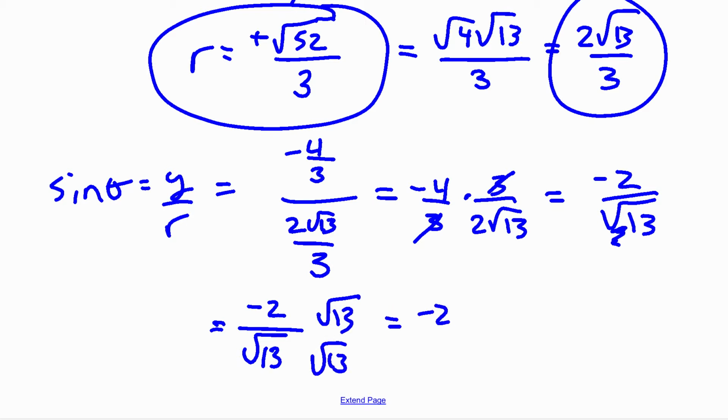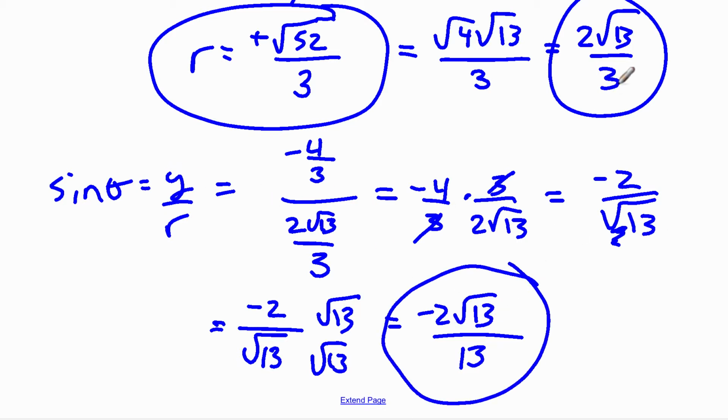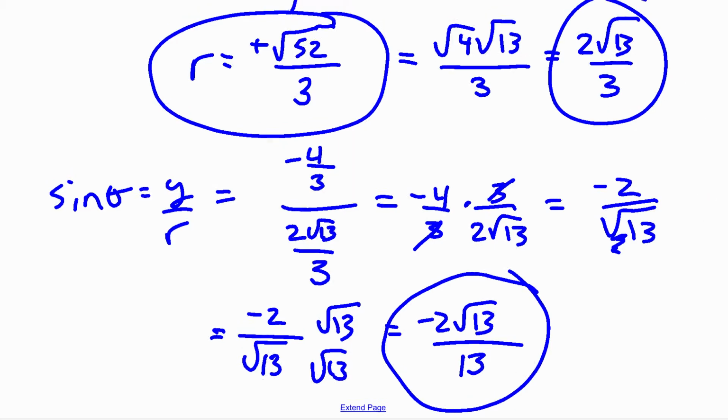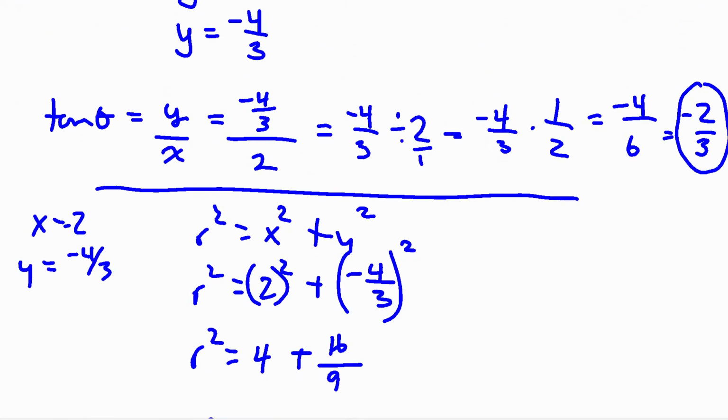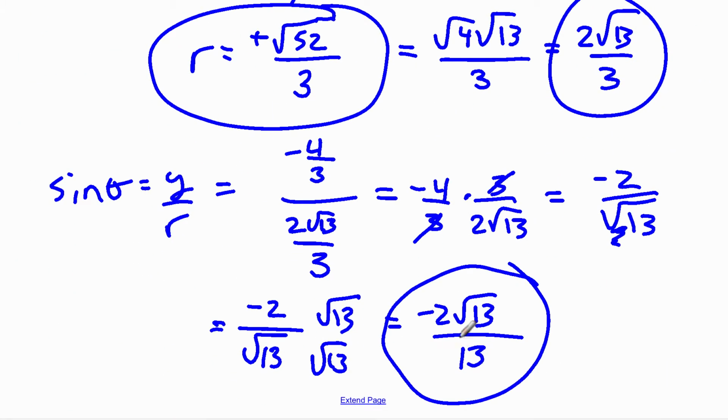So I'm going to get negative 2 root 13 over root 13 times root 13, which is root 169, which is 13. Again, I can't cancel these two. I'd love to, but one's inside, one's outside of a radical, no canceling. Okay, so there's sine.